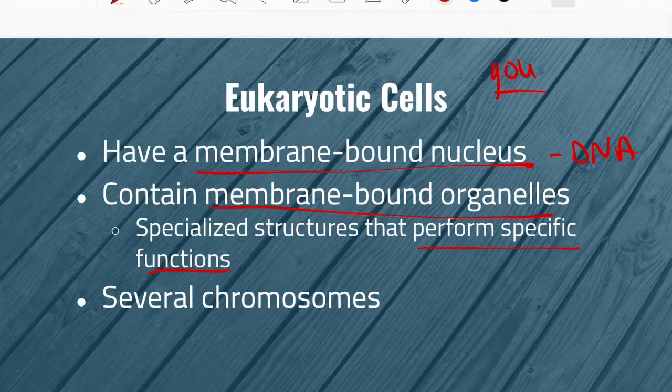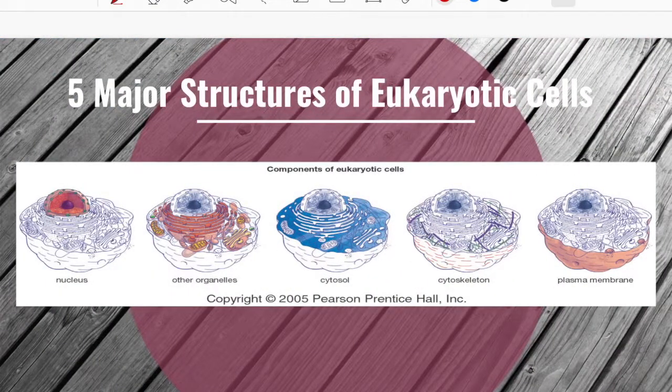Eukaryotes also have several chromosomes. Humans have 46. All right, so when you think about that E. coli bacteria, it just has the one singular circle chromosome. Humans, we have 46. So there's a lot of differences between us and bacteria.